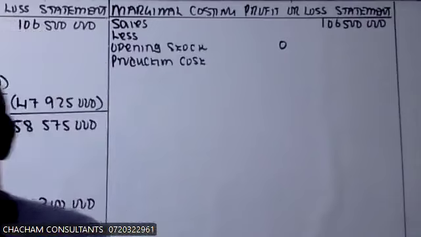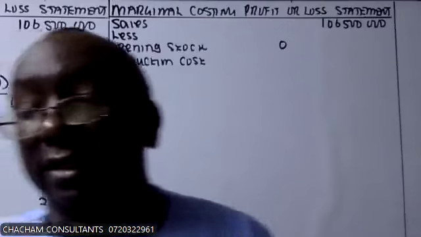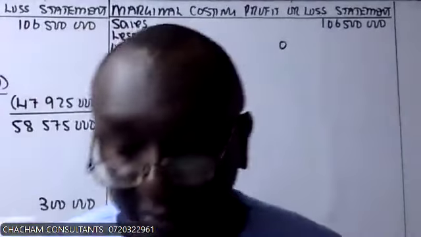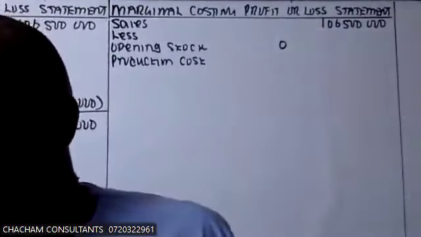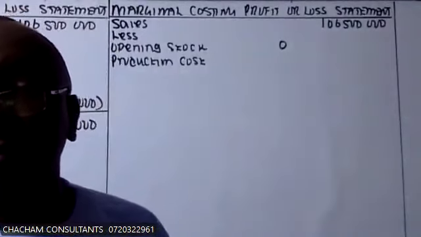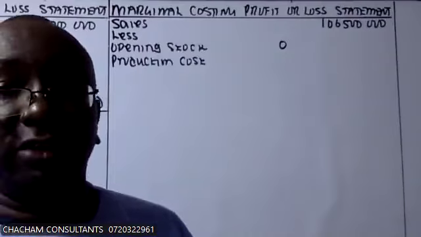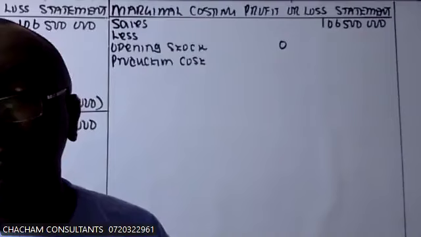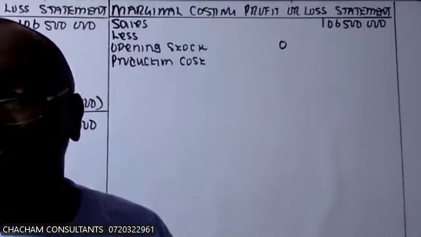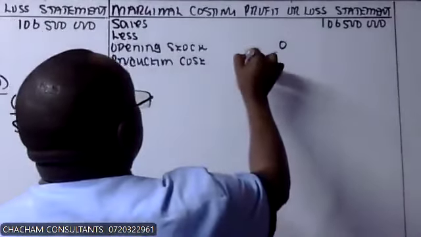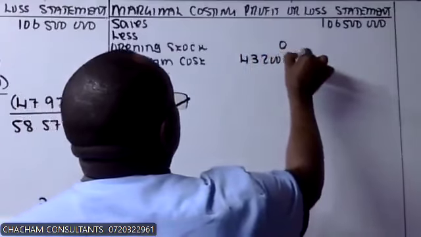So you take 1,800 times the 24,000, the unit cost at marginal times the units produced. That will be the value of production costs, 43,200,000.